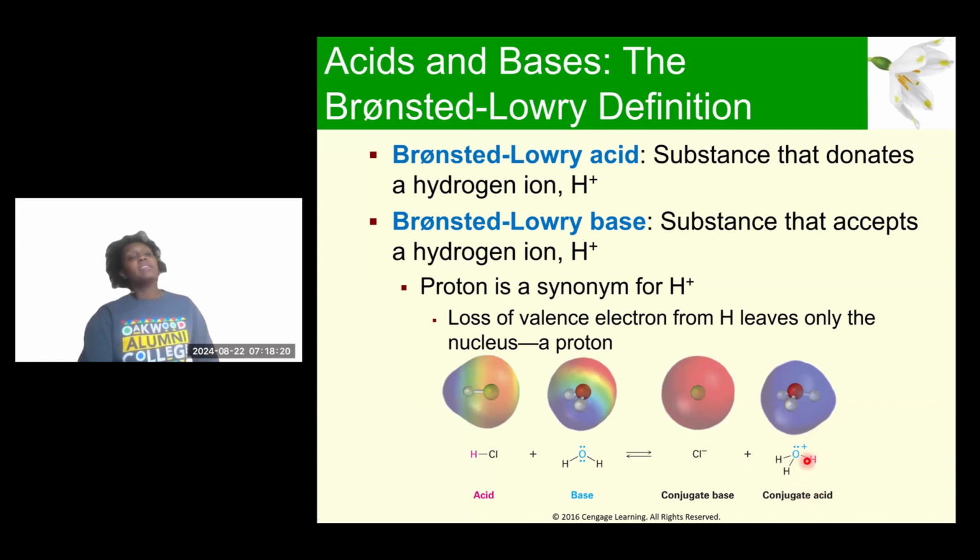Notice the conjugate acid now has the hydrogen that was given up and the conjugate base is missing a hydrogen. So when you're determining whether it's a conjugate acid or conjugate base, you're going to be looking at the starting substance and then comparing it with the result.